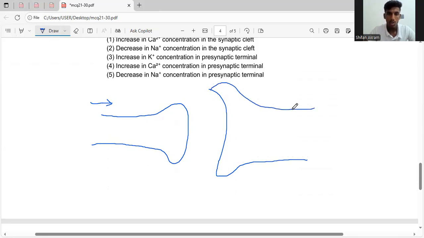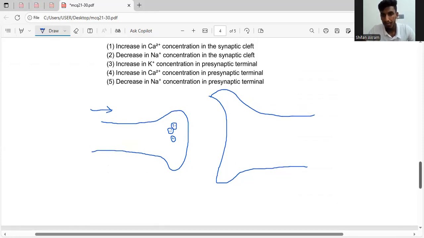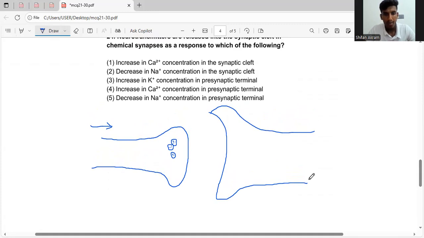Here we have synaptic vesicles containing neurotransmitters. There are a lot of these here. When the impulse comes to the axon terminal, the axon terminal depolarizes.